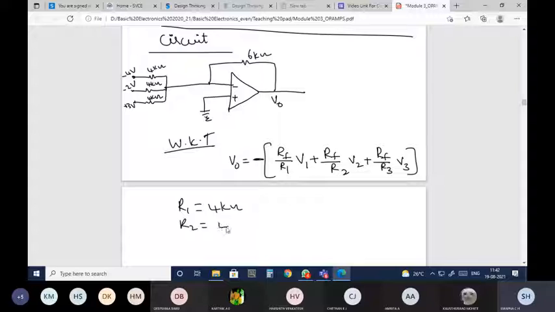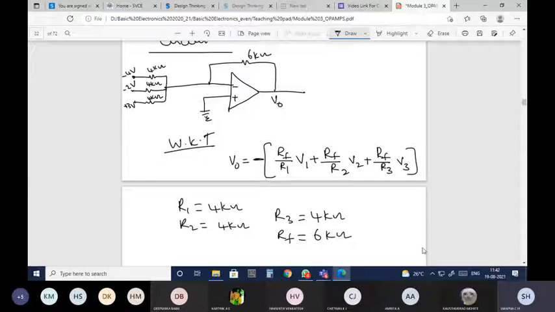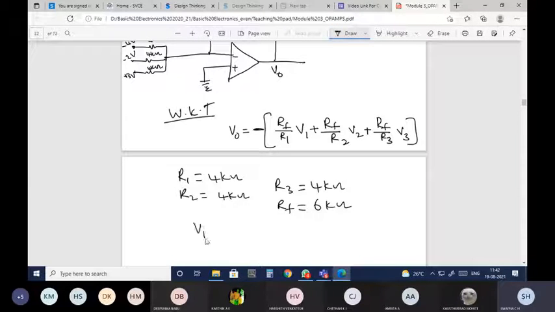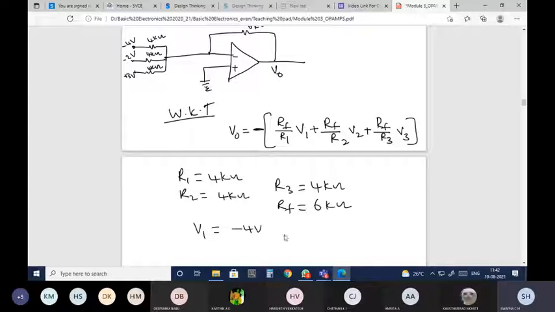R2 also 4 kilo ohms. R3 also 4 kilo ohms. And Rf he has given us 6 kilo ohms. And then what else he has given? V1 is minus 4 volts. V2 is minus 2 volts. And V3 is plus 3 volts. You know everything, just substitute it in this equation.